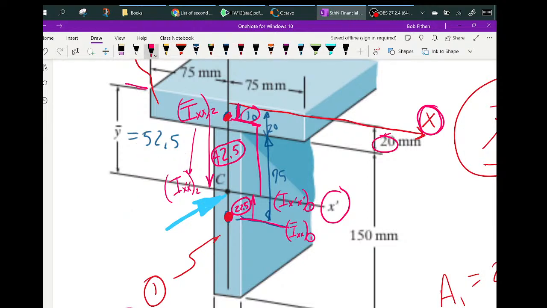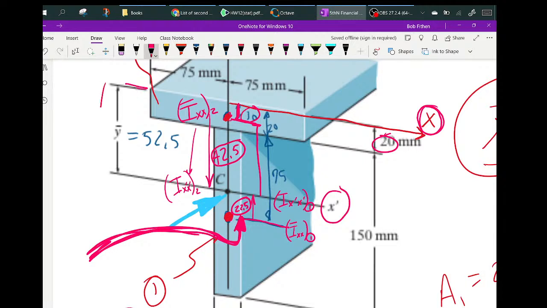So I'm pretty sure about that one. Now, oh, wait a minute. Okay. All right, 22.5 suddenly becomes suspect. Here's why. It's 20 and then 75.